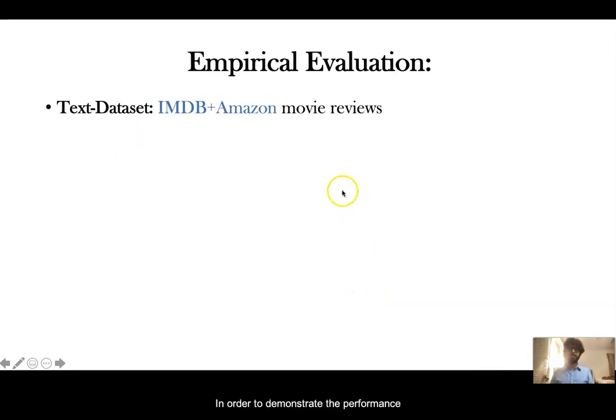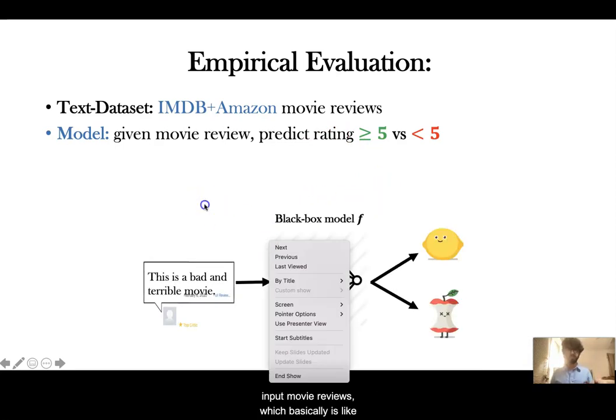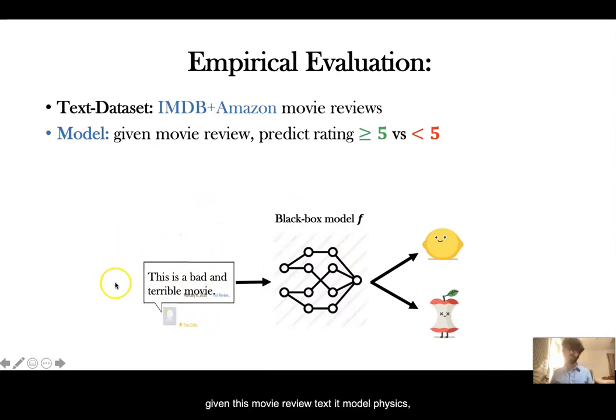In order to demonstrate the performance of our explanation algorithm on real-life data, we consider a text dataset, which is the union of the IMDb and Amazon movie reviews datasets. We train a model on this dataset that predicts whether the rating of the movie is greater than or equal to 5 or less than 5 based on the input movie review. Given the review text, the model predicts whether it's a good movie or a bad movie.